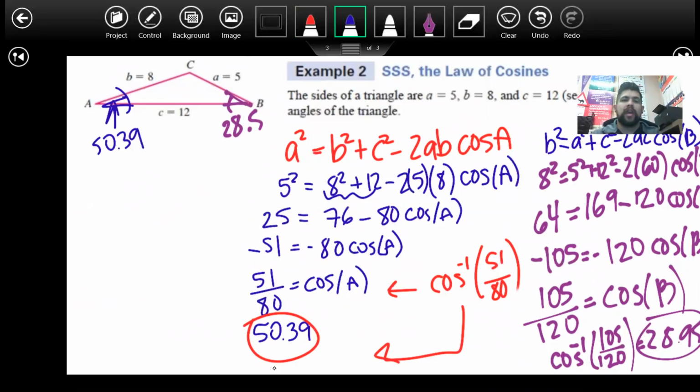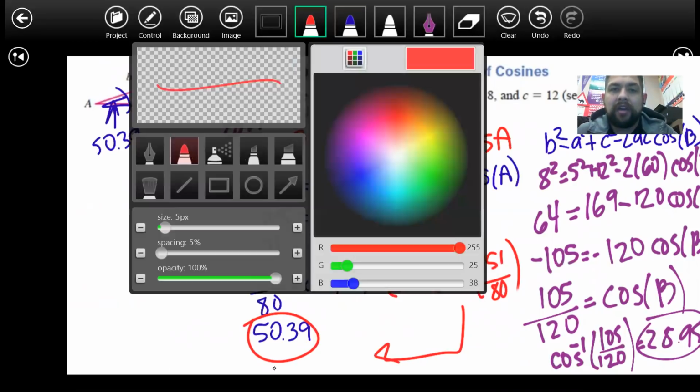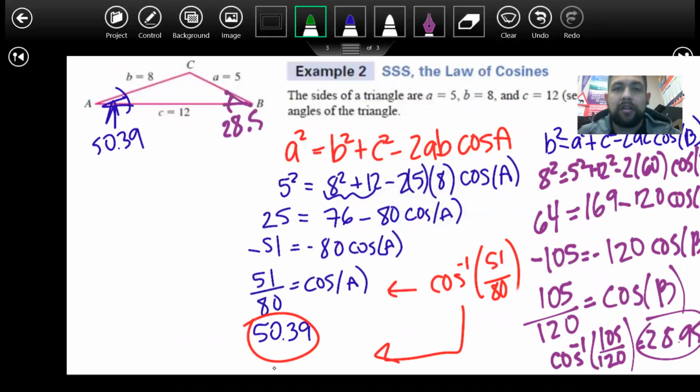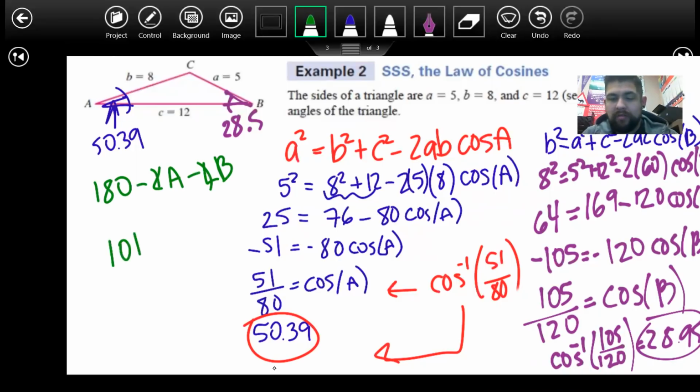If we know two of the angles, can we solve for angle C? Hopefully you guys are way ahead of me. In order for us to do that, we can simply use the supplementary angle: 180 minus angle A minus angle B. If you do that correctly, 180 minus 50.39 minus 28.95, we're given 101.11.